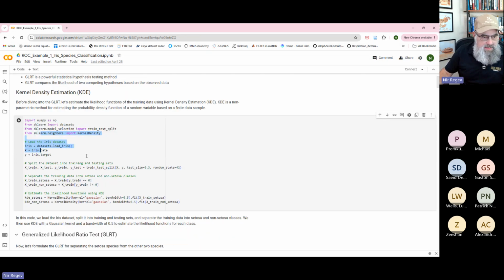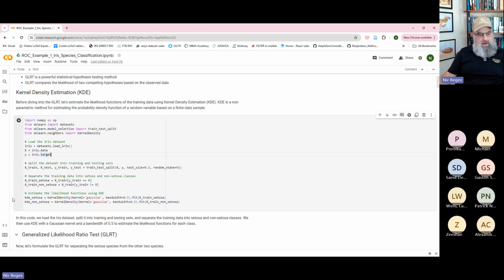Now here in this piece of code, we load the data set and split it into train and test. I'm not going to go into why we do that. I assume that we know that already. But just in a few words, we would like to train on some portion of the data and then test it on the other portion that the classifier hasn't been trained on.